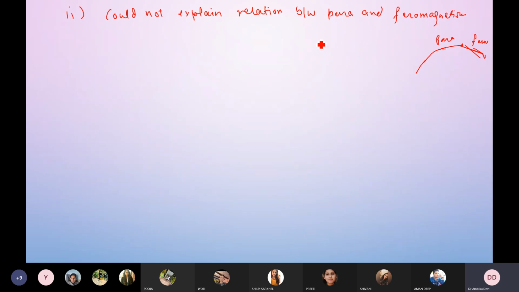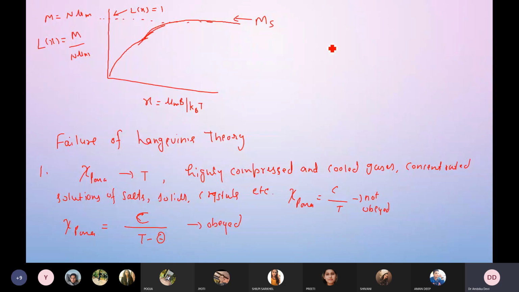So in order to explain these two constraints, we need to introduce a more complex theory, known as the Weiss molecular field theory of paramagnetism, right? It explains these two constraints of paramagnetic materials. What are those two constraints?